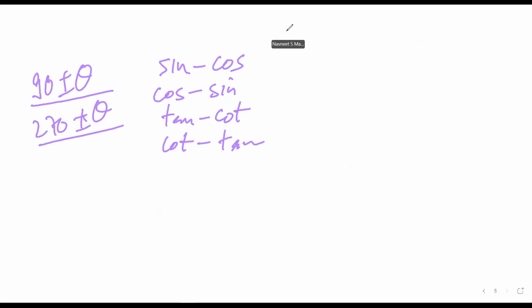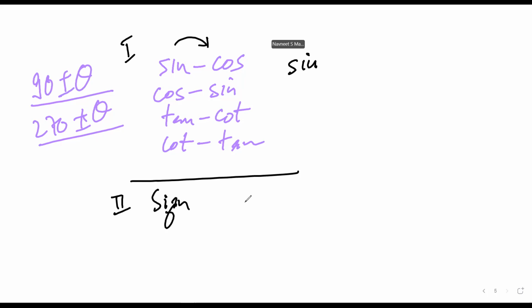Okay, let us take a few examples and try to understand. The functions will change, but for the sign we use the same principle, all sine tan cos only. Let me show you with these examples.